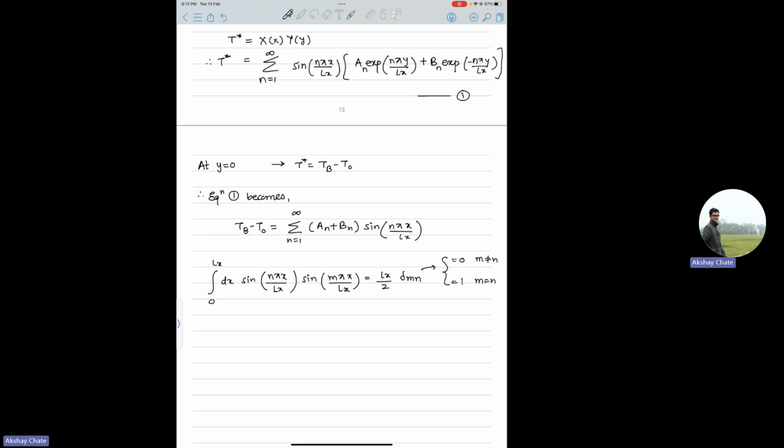They call this function the Kronecker delta, I think, something like that. So this is the tricky part, that you have to use this equation here. So this is called the orthogonality relation.